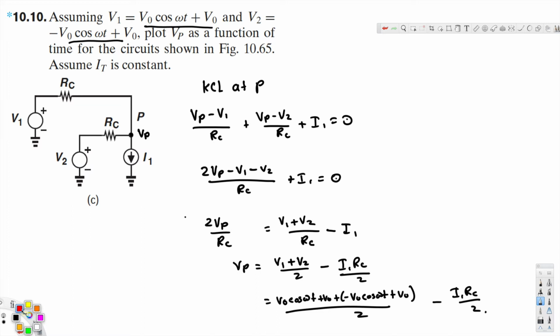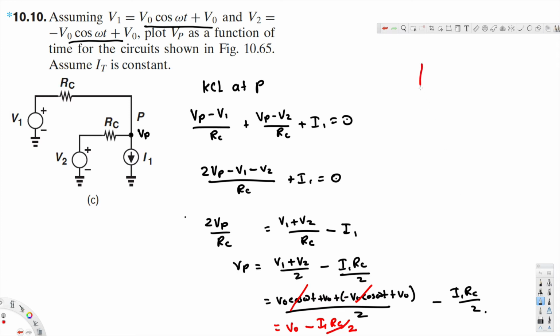From this one you can see V0 cos omega t and negative V0 cos omega t will both cancel. V0 plus V0 is 2V0, 2V0 divided by 2 is just V0 right here, minus I1 RC divided by 2. And this is the value that's going to be constant in the Vp per time graph.